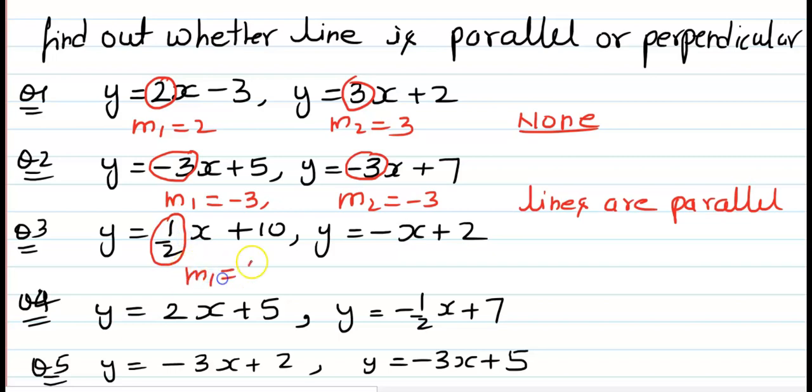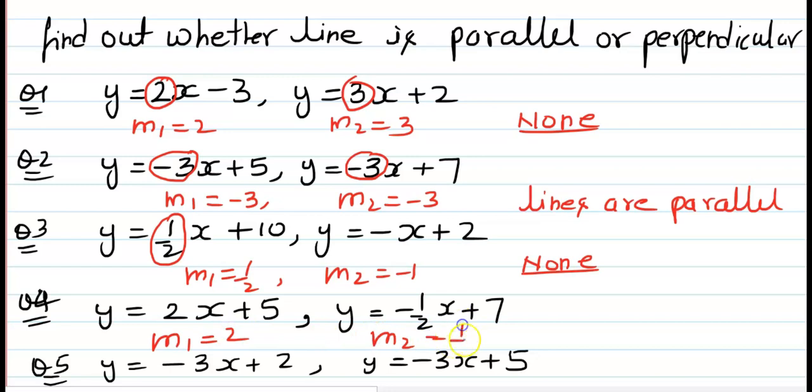If you see here, the gradient is half and the gradient is minus 1. So they are not equal, and if you multiply, you are not getting minus 1 either. So the lines are not perpendicular and not parallel. So none. If you see here, m1 is 2 and m2 is minus half.